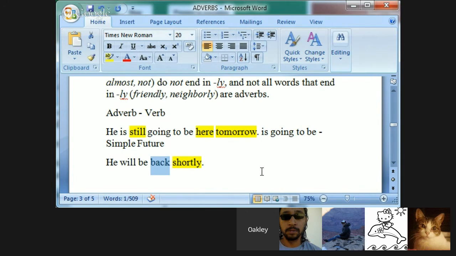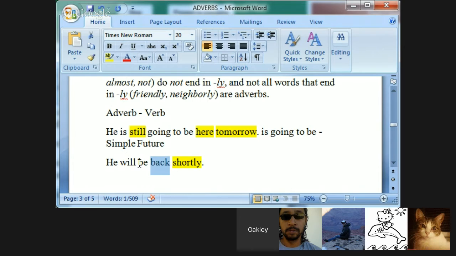Okay. That's interesting. What is "back" in this sentence? Can anybody tell me? Preposition. No, it's a verb. Yeah, I think it is the verb. Well, is it a verb?